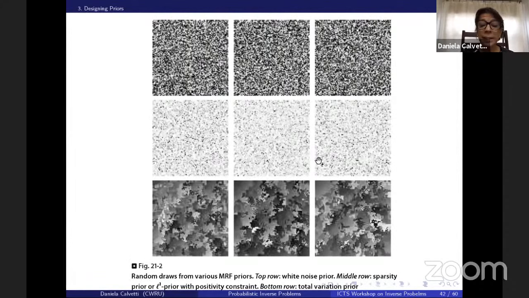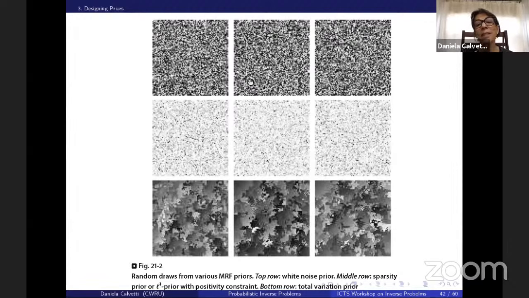different realizations of this. This is a white noise prior, which would correspond to assuming that you're drawing your solution from a normal. This is an L1 prior, with positivity constraints.